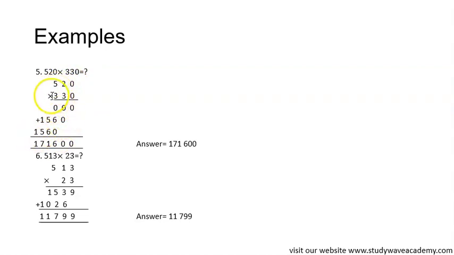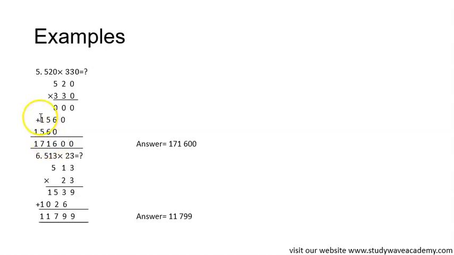So when you're done using all the digits at the lower parts to multiply the upper parts, you add them together. Okay, 0 plus nothing is 0, 0 plus nothing is 0, 0 plus 6 plus 0 is 6. 5 plus 6 is 11. You write down 1 and carry 1. You don't write the 11, okay?